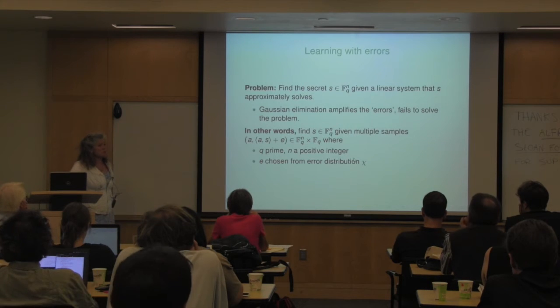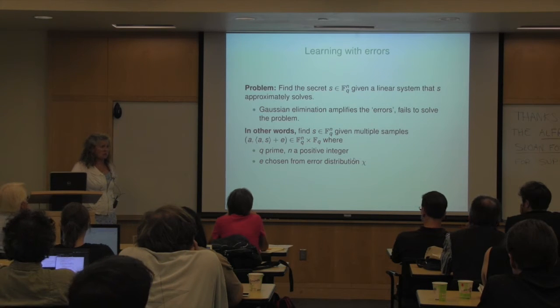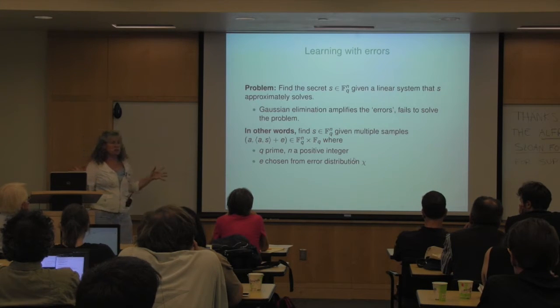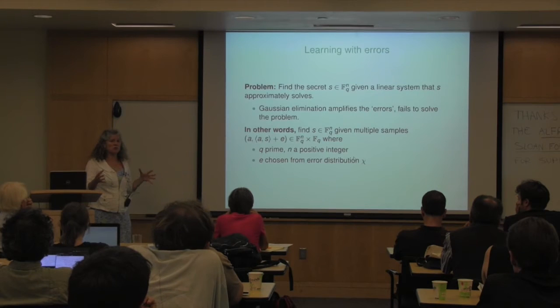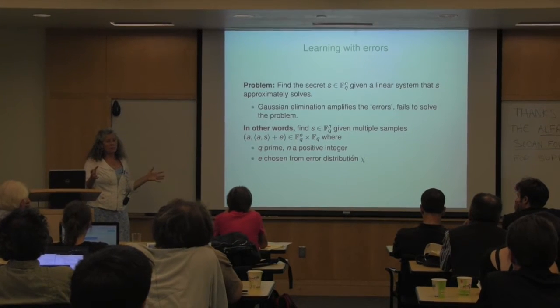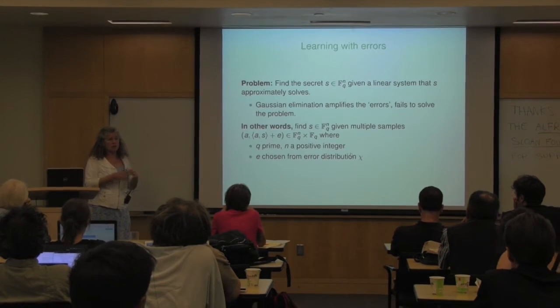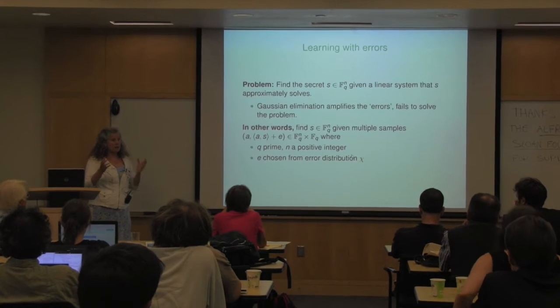Let's first talk about what the learning with errors problem is. A very easy way to say it from a high level without looking at any notation is, suppose you have a secret vector and then you give an adversary a bunch of samples. Can the adversary find the secret? The samples will be a pair.